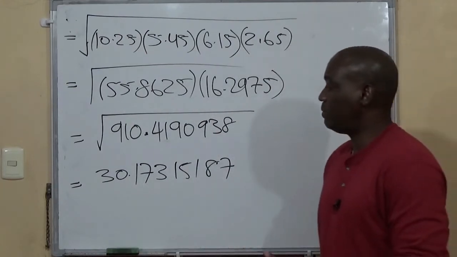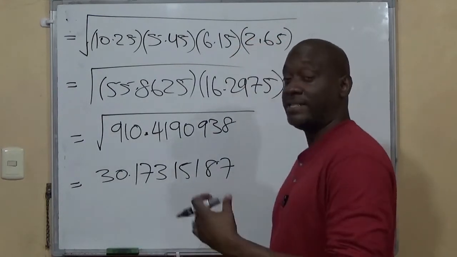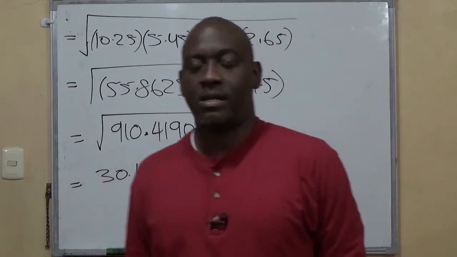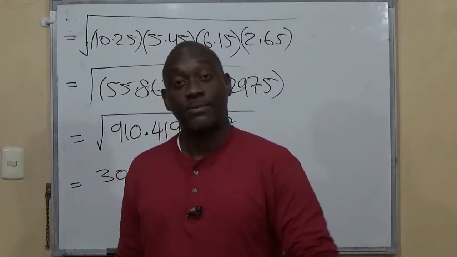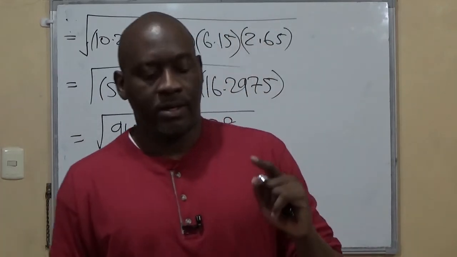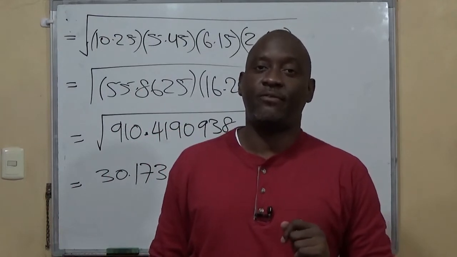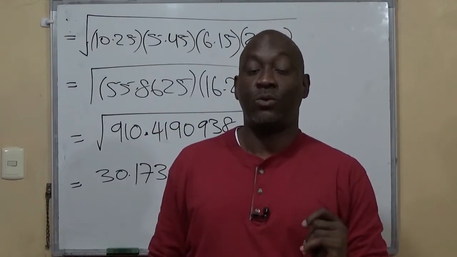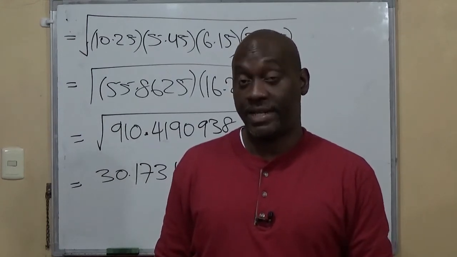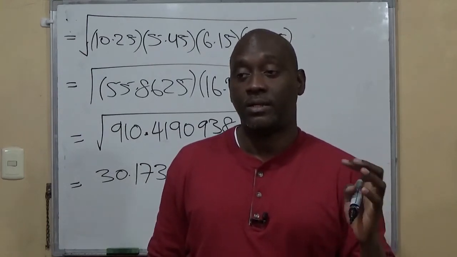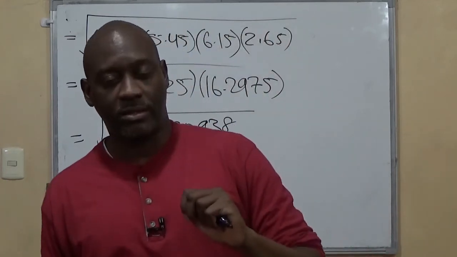In section 2, and generally, they will usually tell you how many decimal places or how many significant figures. But this here is one of the little things that they could miss if you try to skim through my videos. The 2018 syllabus specifies that if there is no clear instruction as to the degree of rounding off for your final answer, you are to adopt 3 significant figures as the default position.